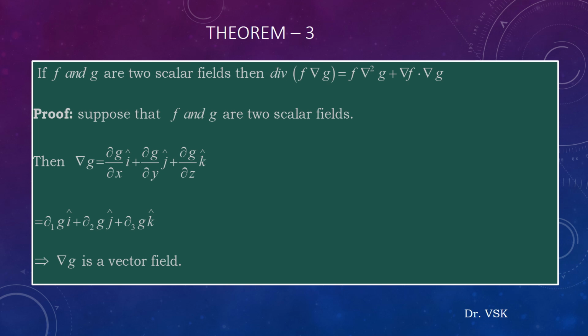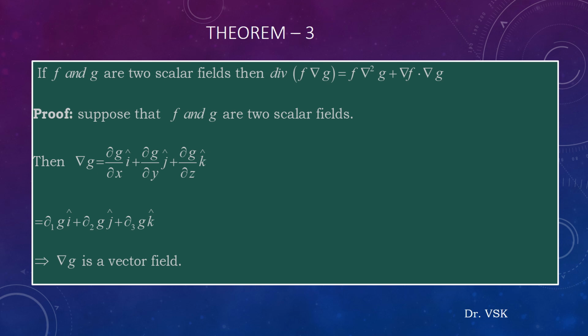Consider two scalar fields, say F and G. First, let us find out the gradient of the scalar field G. Grad G or del G equals dou G by dou x i cap plus dou G by dou y j cap plus dou G by dou z k cap.